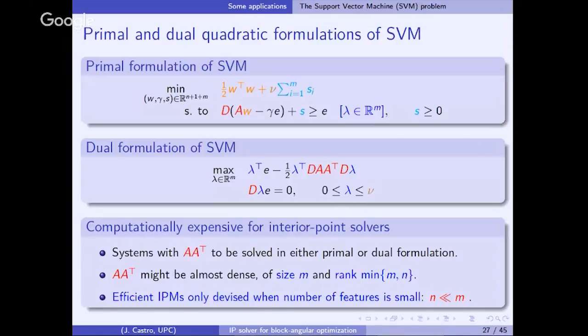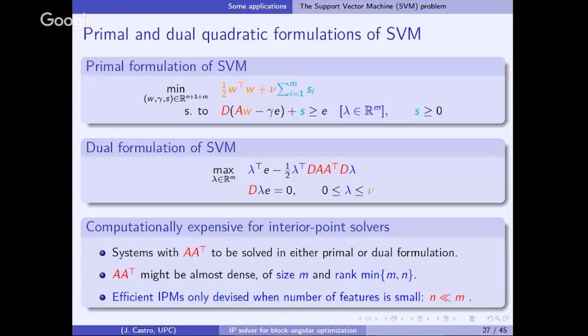And the rank of this matrix is the minimum of the number of points and the number of features. So it can be a large matrix, maybe with a low rank, depending on the number of features. So up to now, all interior-point methods that have been applied to that technique were good when the number of attributes n was small.